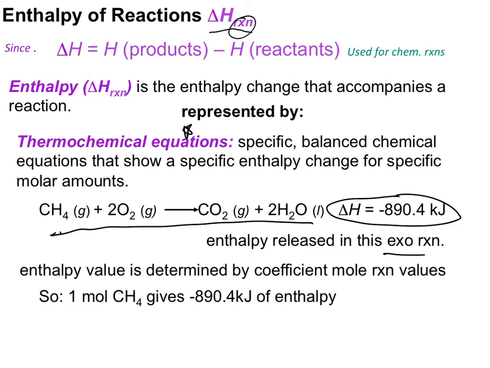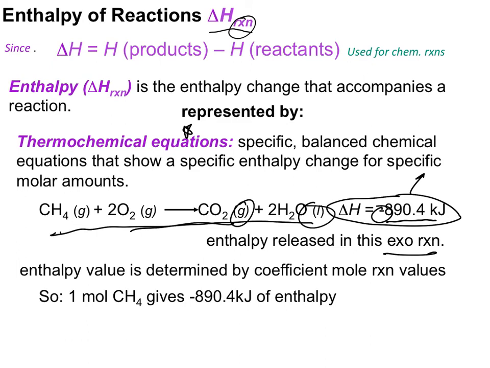Okay, so we can derive a lot of information from this specific reaction. We know that this is an exothermic reaction because of the negative sign. We know the quantity of energy that has been released because we've been provided with a numerical value with units. What you need to understand about these thermochemical equations is that they are directly related to the quantities that are present here, as well as the specific states of matter and the direction of the reaction that's being carried out.